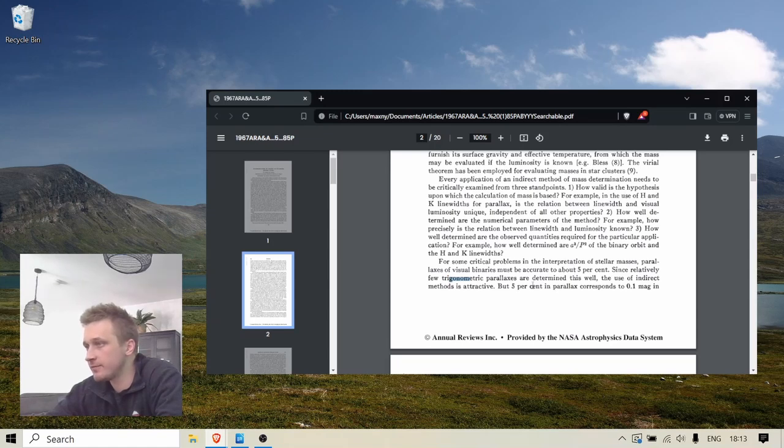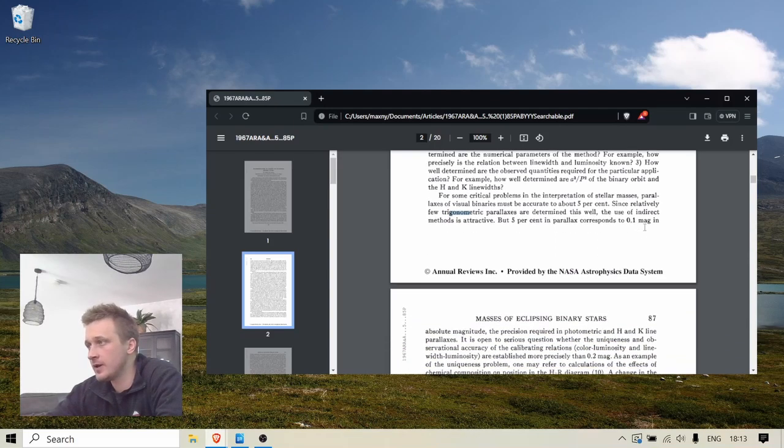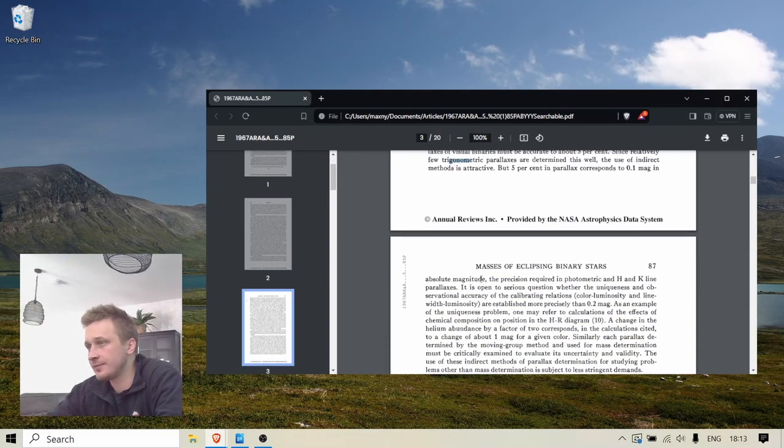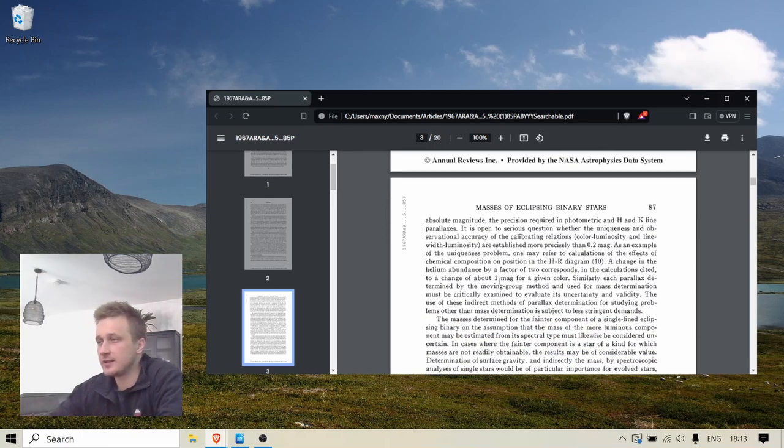But 5% in parallax corresponds to 0.1 magnitude in absolute magnitude, the precision required in photometric and H and K line parallaxes. It is open to serious question whether the uniqueness and observational accuracy of the calibrating relations color luminosity and line width luminosity are established more precisely than 0.2 mag.